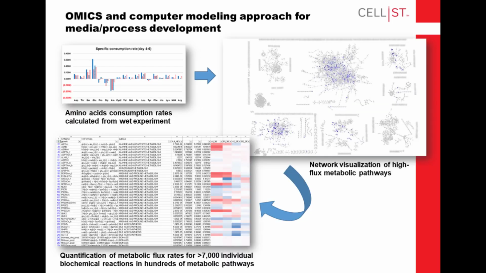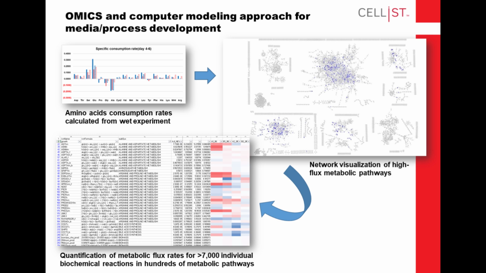Just to show you how powerful this kind of analysis is, this is a visualization of how it works. First, you can see different amino acid consumption rates, which are analyzed in the top left window. Those are calculated from a wet experiment that was done on a fed batch culture.